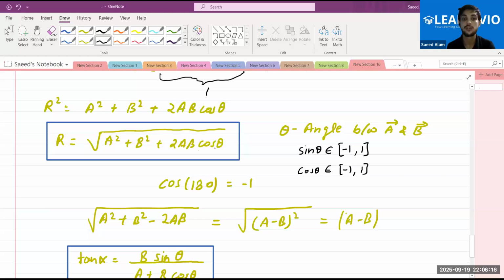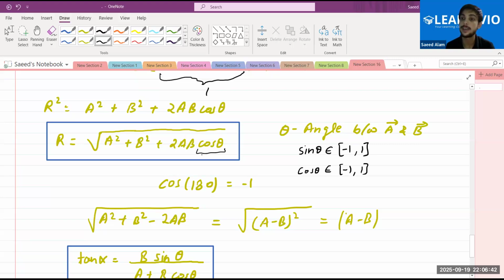Yes. Okay. So if you need to minimize this R, you can take the minimum value of cos theta. Yes or no? If you take the minimum value of cos theta, what will that value be? -1, exactly.